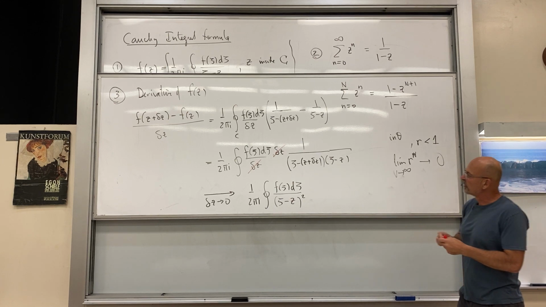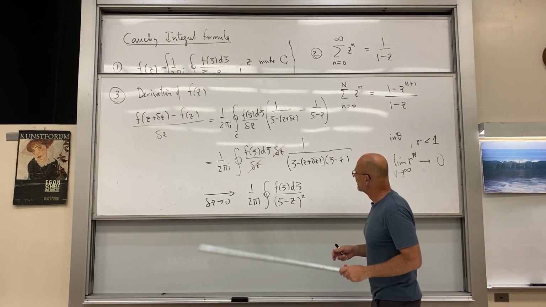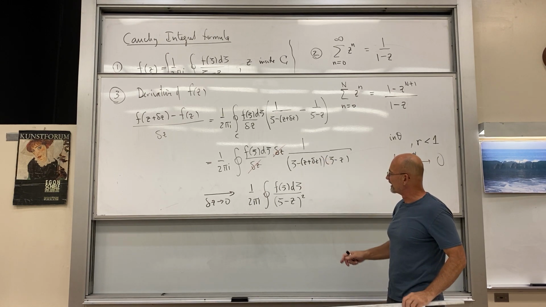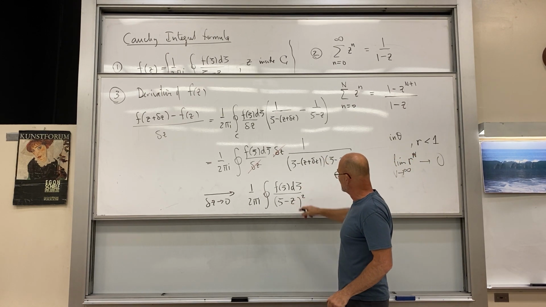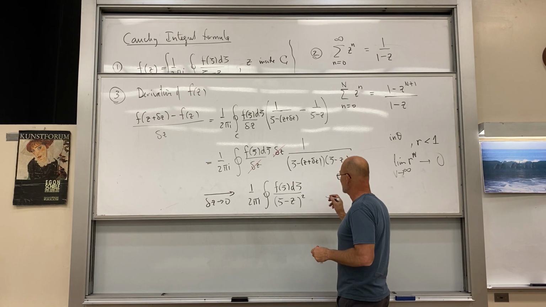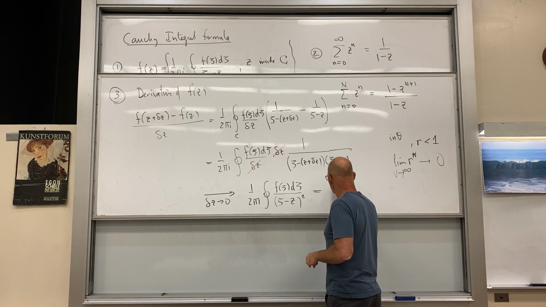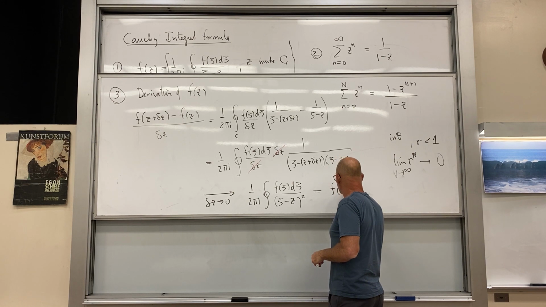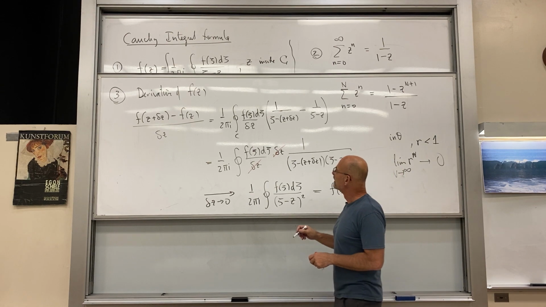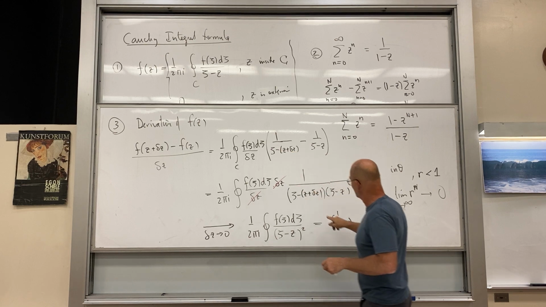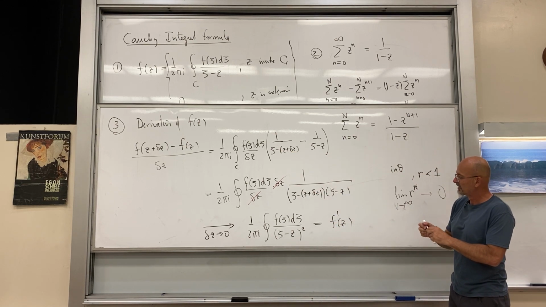So it's as though we had just differentiated right under the integral sign. That's all that happened there. So this is equal to f prime of z. There's f of z, this is f prime of z.